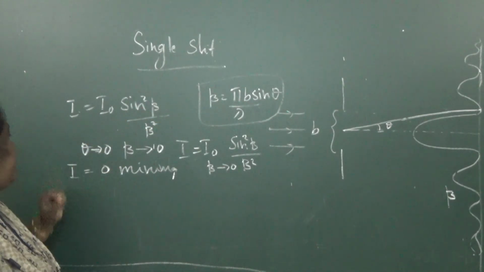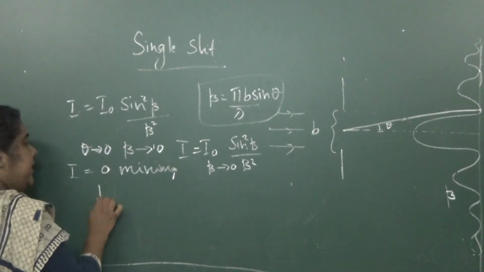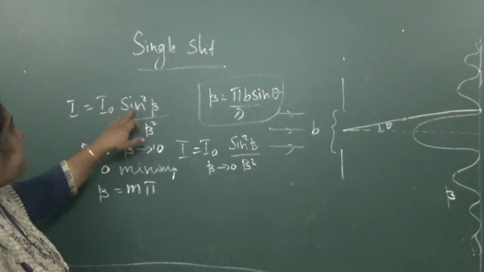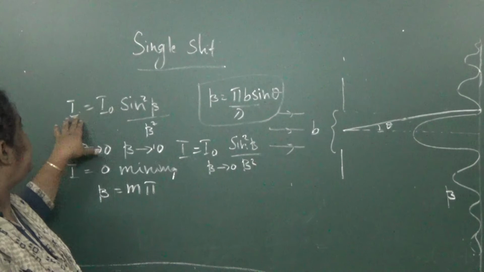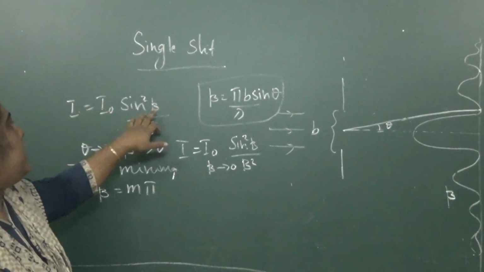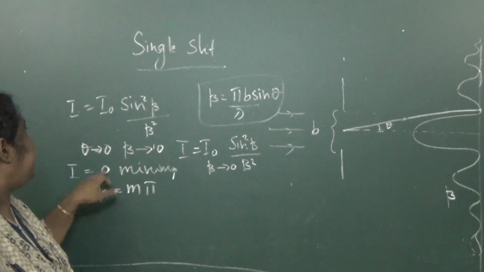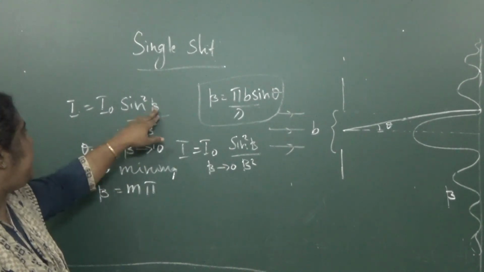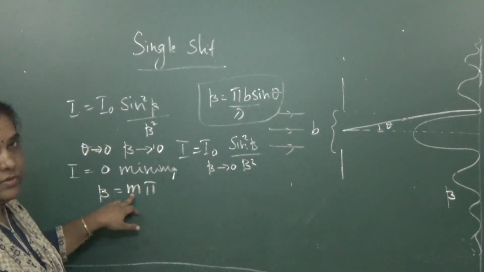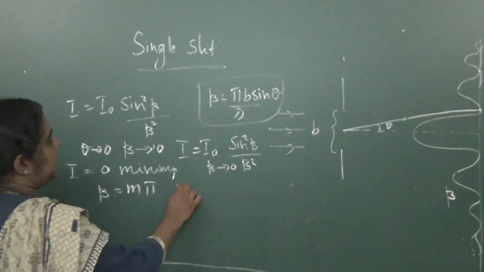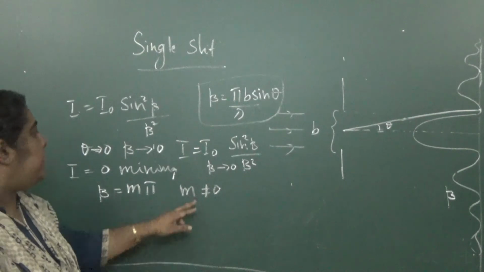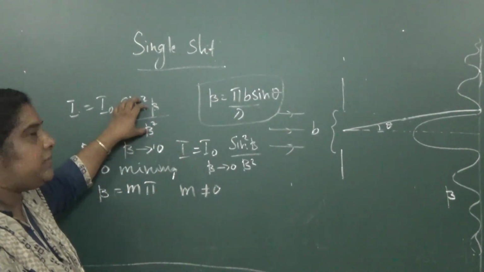That is not the condition for minima. Now when beta is equal to m pi, the sine becomes 0, and at that time you will get I is equal to 0. Here m is not equal to 0, because when m is equal to 0 you are getting the maximum point.